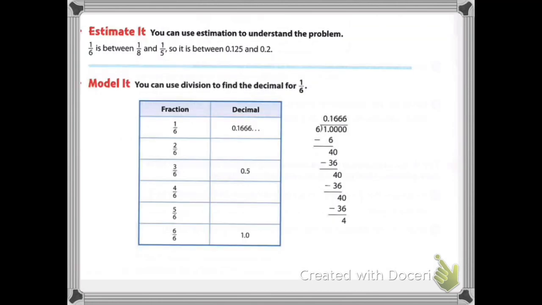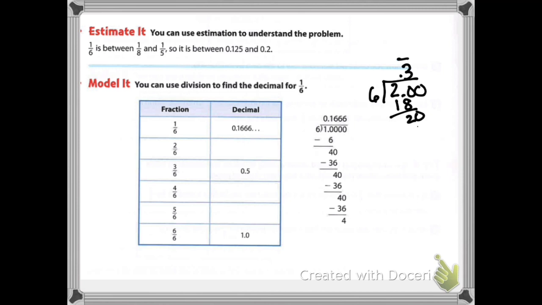On the next one, I actually have to do some division. So I have 2 divided by 6. So 6 goes into 20 3 times. That's 18. 2. Oh, I'm going to start repeating again.